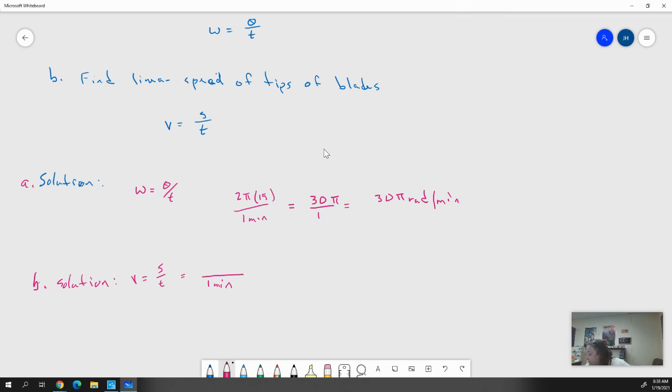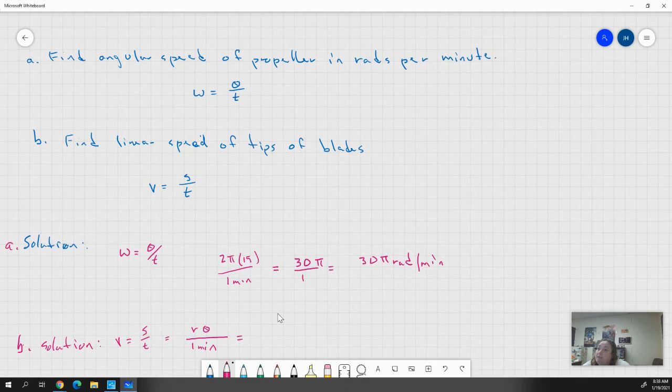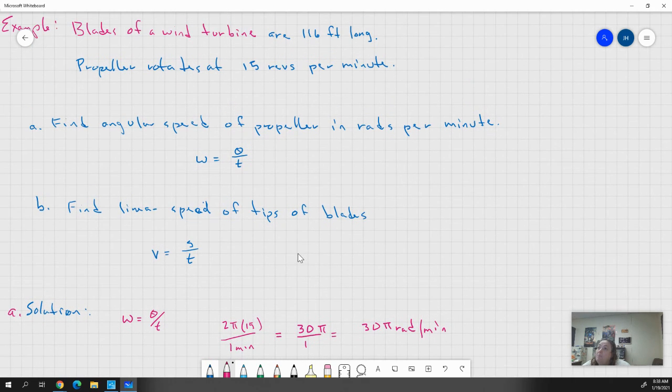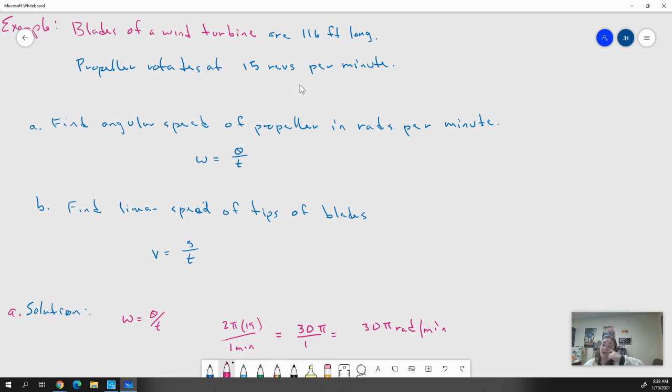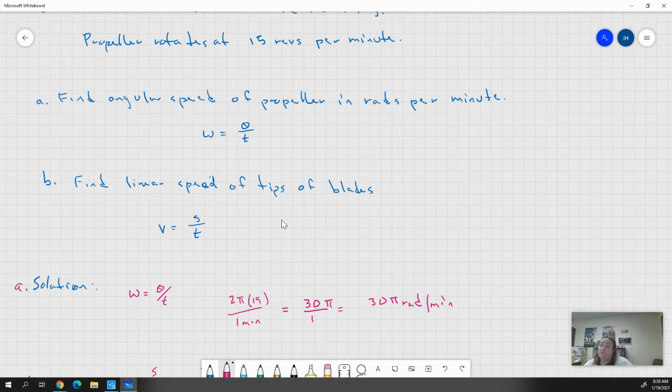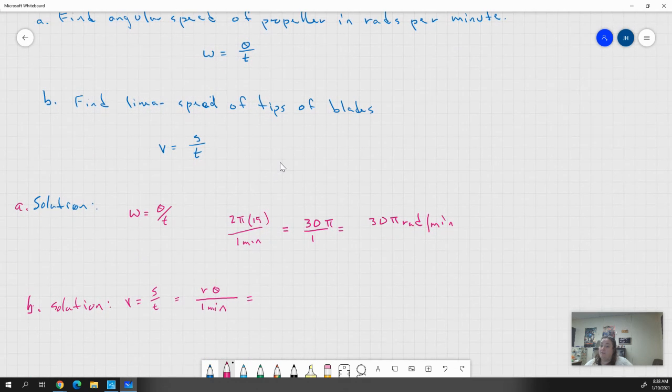Our S, if you think about it, is our radius times our theta, just like it was before up above, right? What is our radius on this? What is the length of the blade? If we go up, we'll find that our radius is 116, right? So we'll have 116 times our theta.